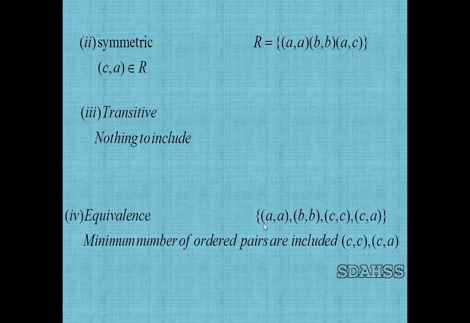The pairs are (a, a), (b, b), (c, c), (c, a). These are the elements we already included. If we include all these pairs, it automatically becomes reflexive, symmetric, transitive. If it is reflexive, symmetric, transitive, then it is an equivalence relation. So the minimum number of ordered pairs to be included are (c, c) and (c, a) to make it an equivalence relation.